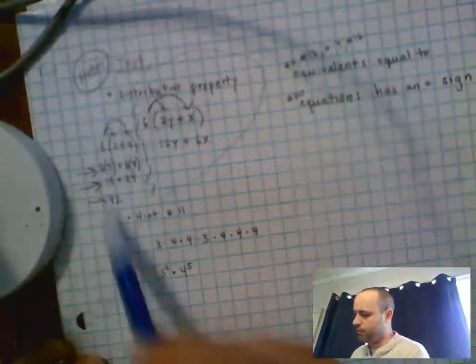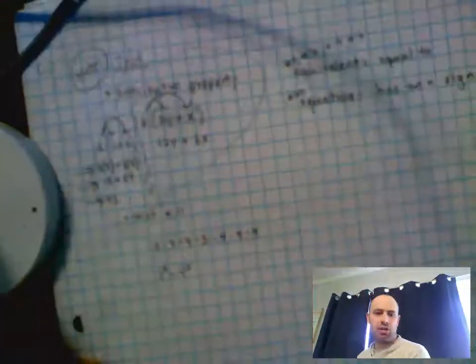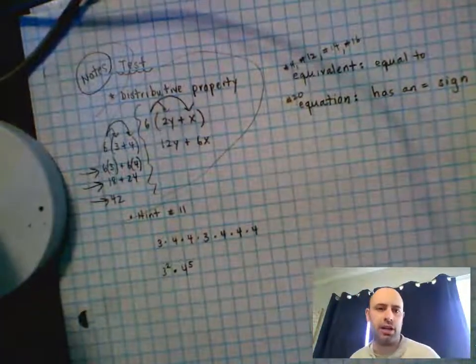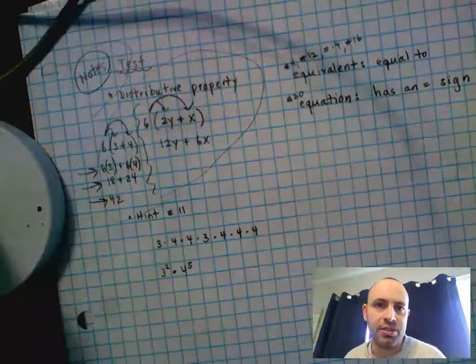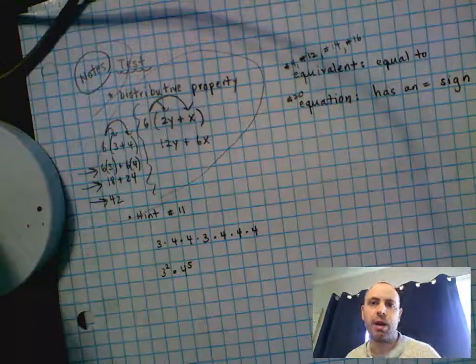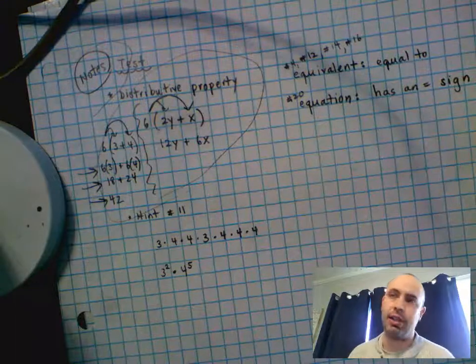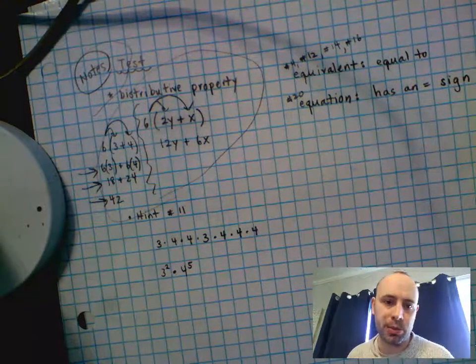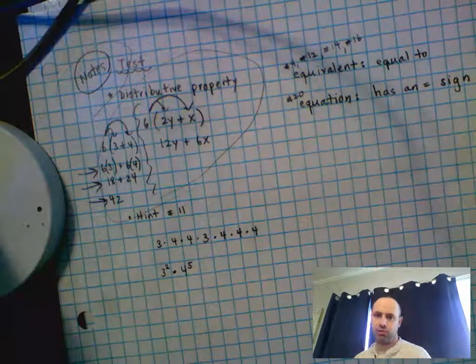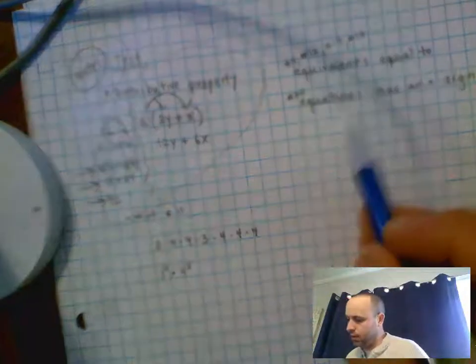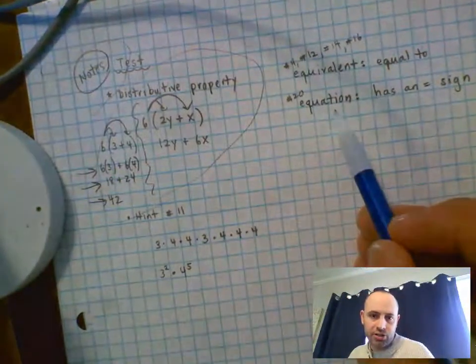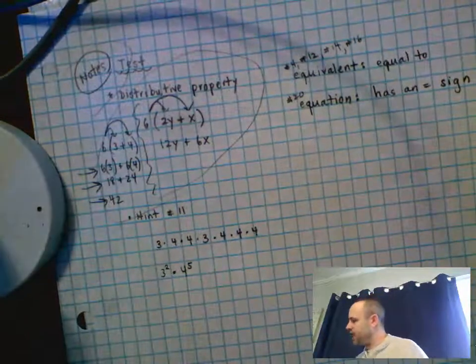Distributive property, use your notes, go back to your notes, especially the notes on the properties, okay, like the associative property of addition and the commutative property of multiplication. Please refer back to those notes. The equivalent and equation, make sure you look at those definitions, this hint, and you guys should be okay on your test.